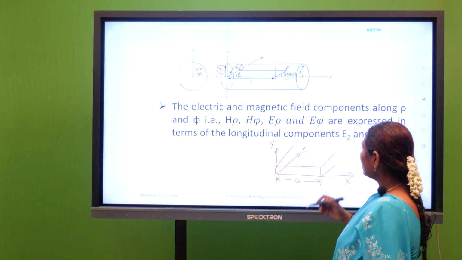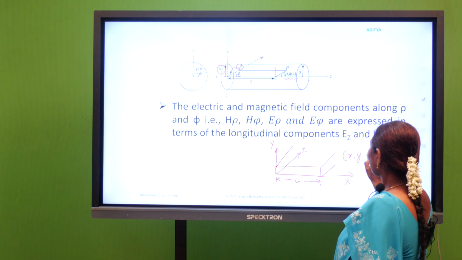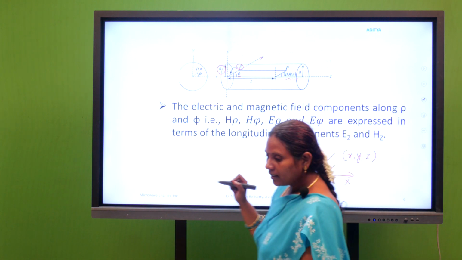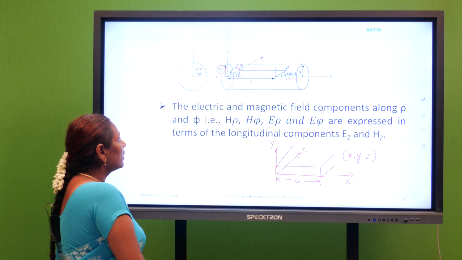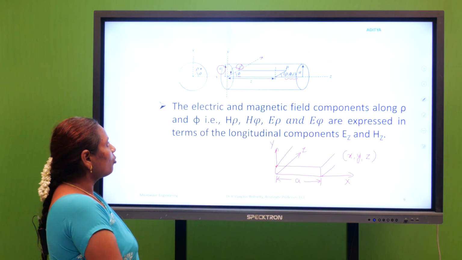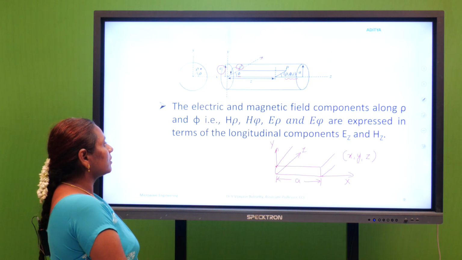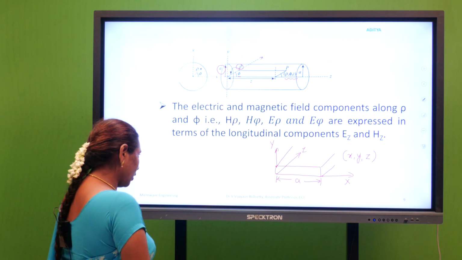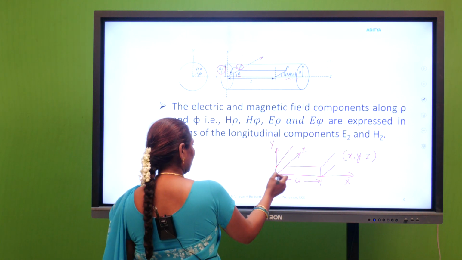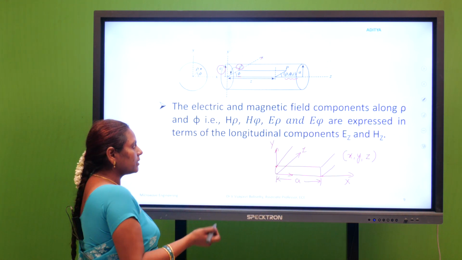So in the rectangular coordinate system, we have the representation x, y, z, whereas in the circular coordinate system they are represented as rho, phi and z. So using these parameters, just like in a rectangular coordinate system, we have the field components like the electric field and magnetic field on the x axis, y axis and z axis.